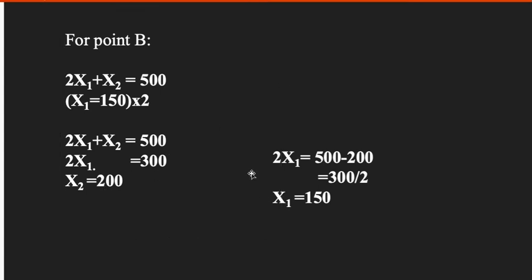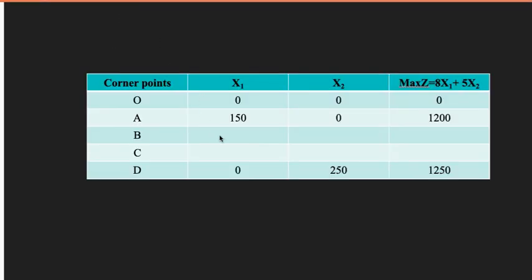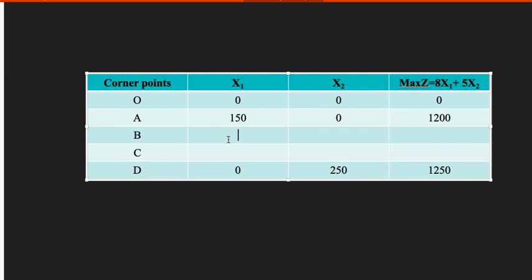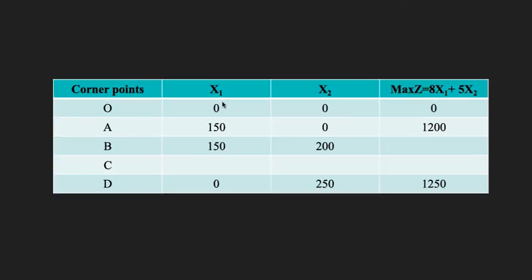x2 is 200 and x1 is 150. So we are going to take these values here, and hence at point B we have x1 value 150 which we have calculated, and x2 value is 200. So now we are going to substitute the value of x1 and x2 in this equation, right? So what equation we have? 8x1 plus 5x2.